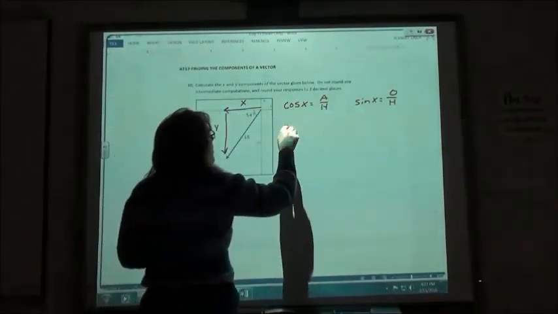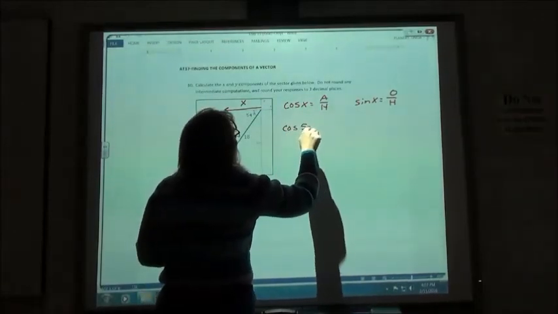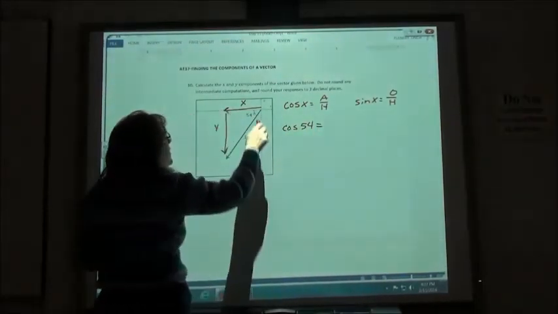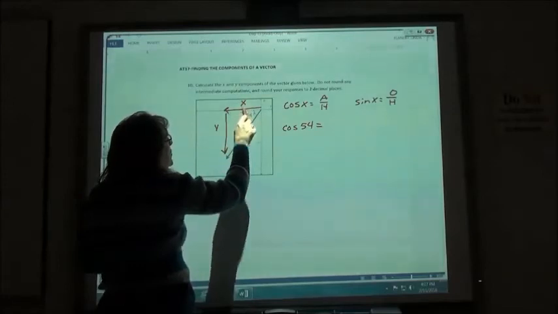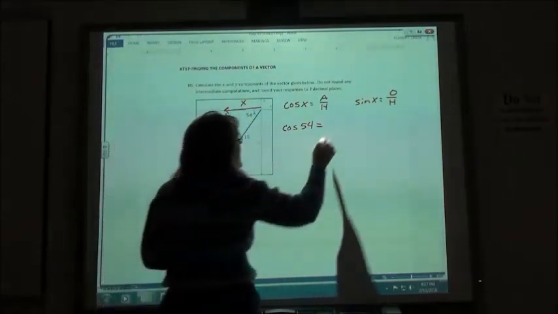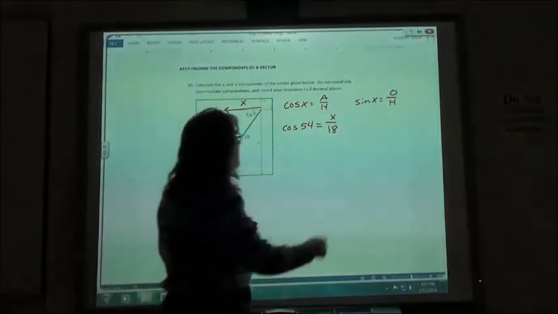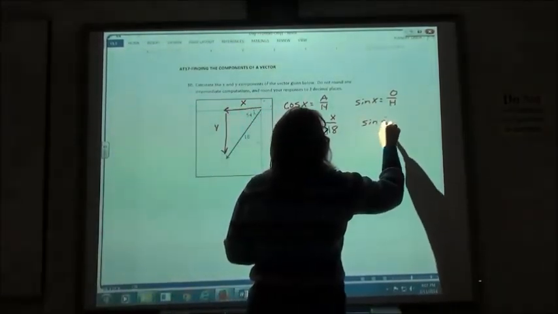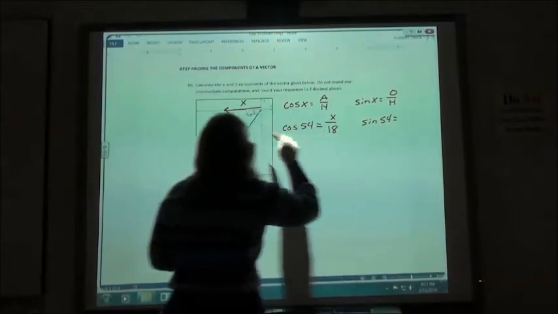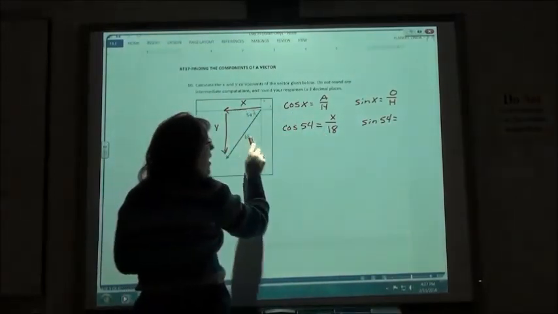So cosine of 54 is going to equal the adjacent, which is x, over the hypotenuse, which is 18. The sine of 54 is going to equal the opposite, which is y, over 18.